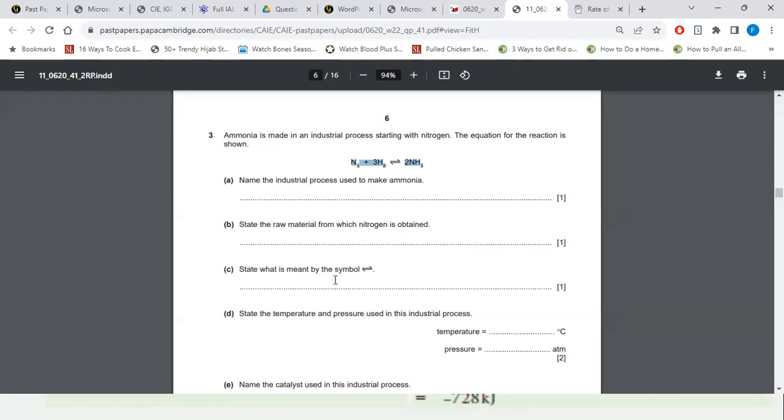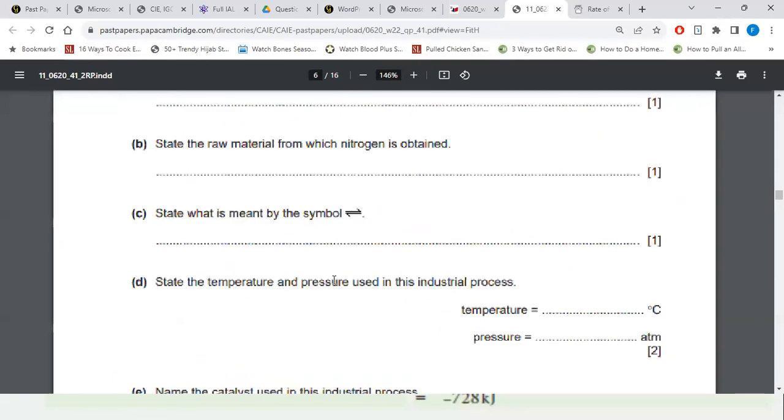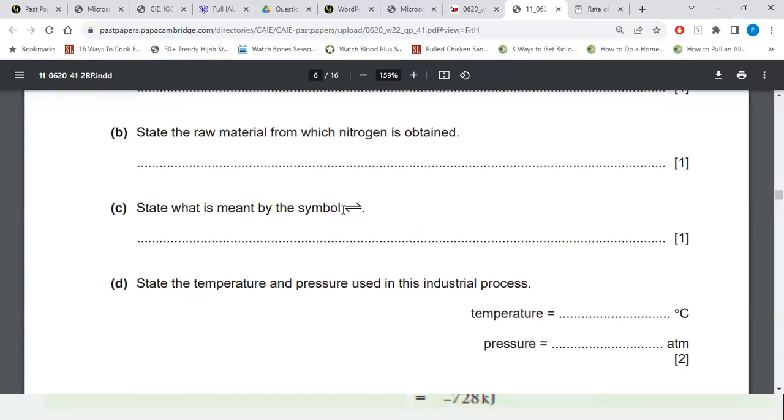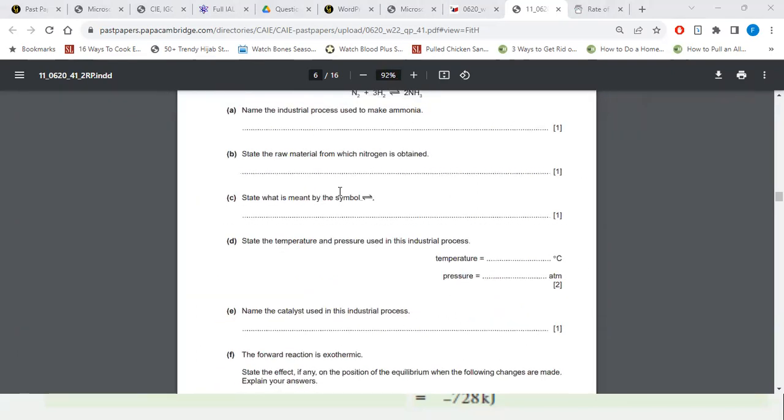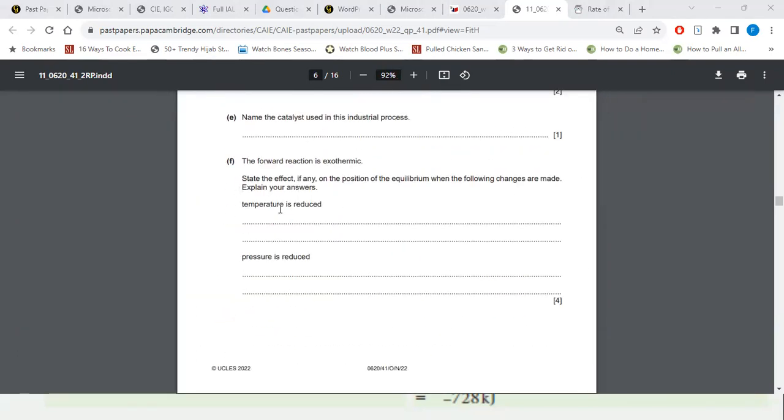First of all, state what is meant by this symbol. Do you know what is meant by this symbol? It's the reversible arrow. Yes, exactly. So this is a reversible reaction. After that, they're saying that the forward reaction is exothermic.